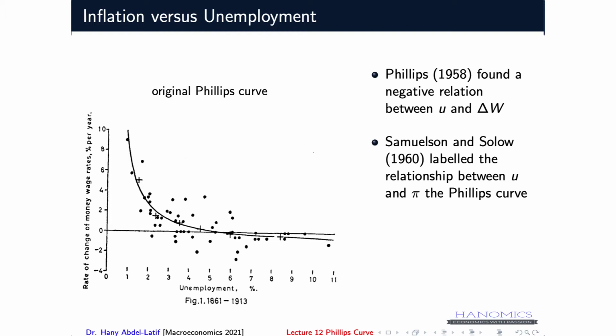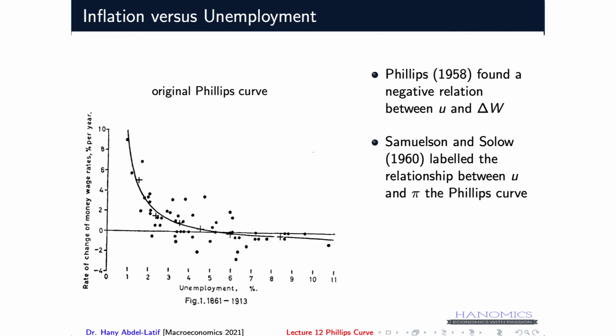So basically, the original relationship which was proposed or observed by Phillips in 1958 was mainly for UK data, and showed that there is a negative relationship, as you can see, between the unemployment rate and the rate of change of money wage rate.